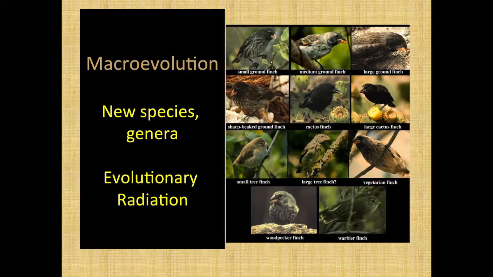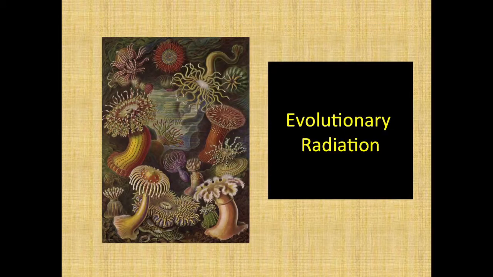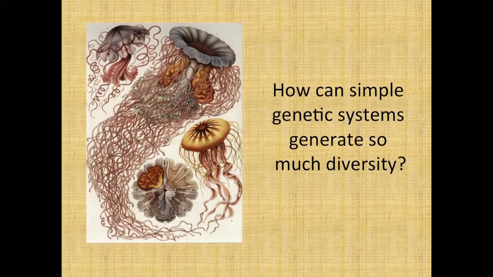You've got this kind of a spread of diversity. You have evolutionary radiations in all groups of organisms, these anemones. And one question: if genetic systems are fairly simple in essence, how do they generate all this diversity?